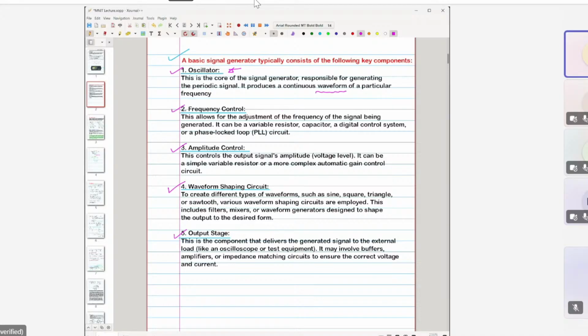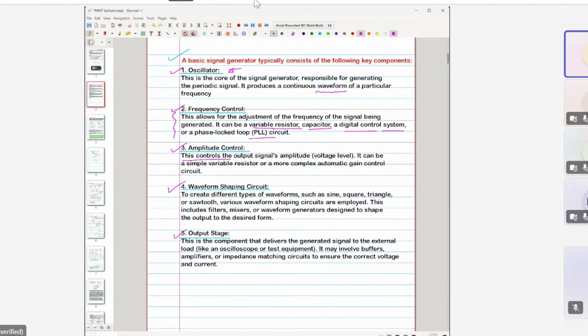Then you should also have an option in this oscillator for changing the frequency. So this allows an adjustable frequency for the signal being generated. This can typically be done by using variable resistors, capacitors, digital control systems, or maybe different PLL, phase lock loop circuits.